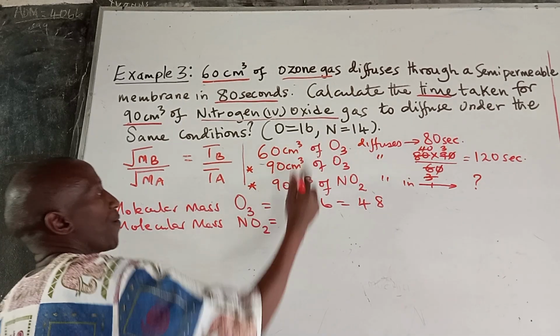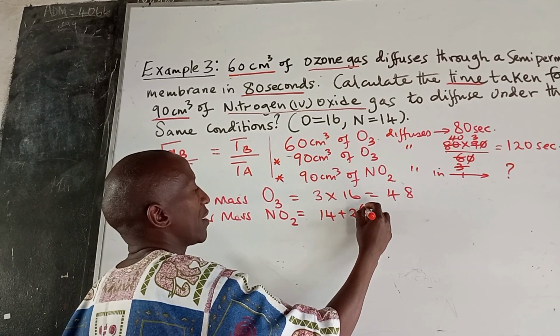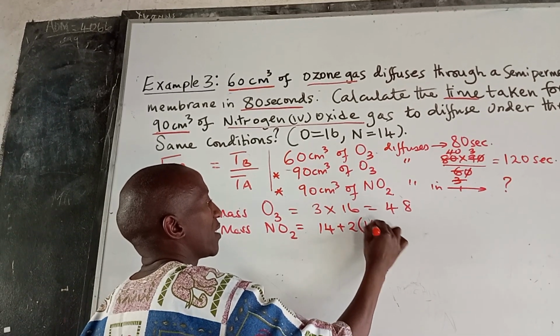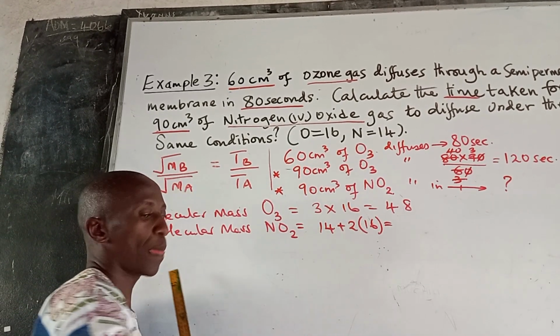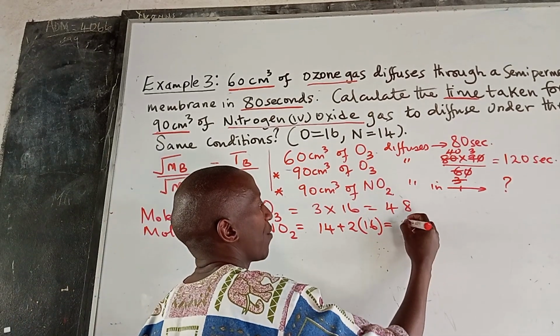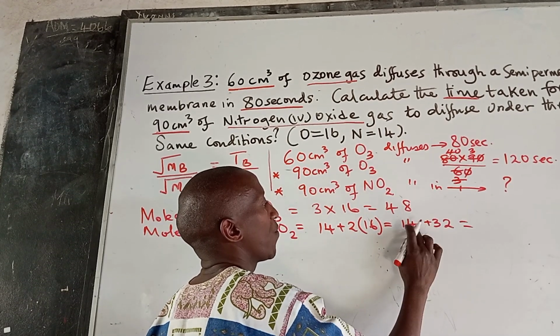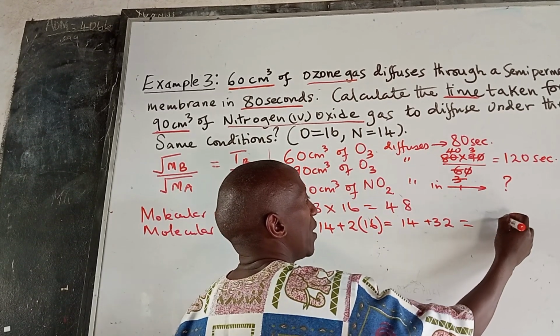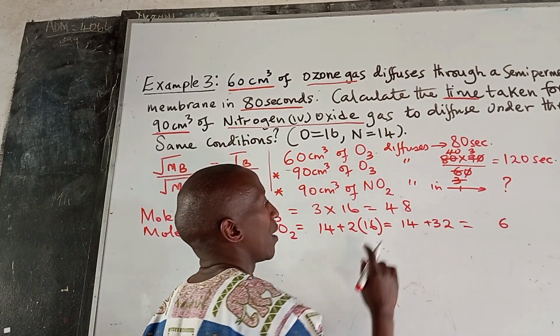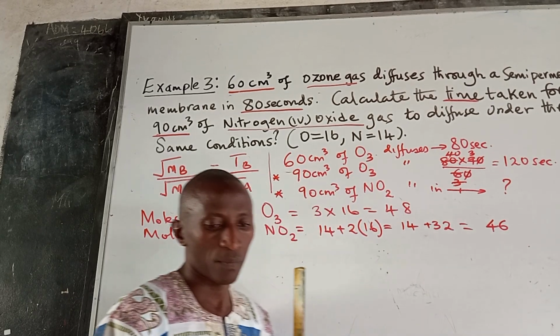That comes to be 14 plus twice the oxygen, each is 16, so that is 14 plus 32. We have 14 added to 32, and that gives you 46.